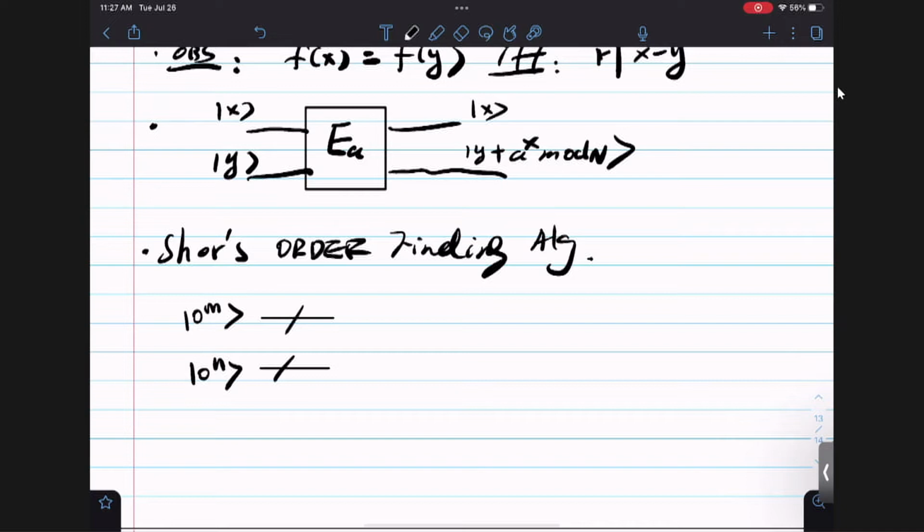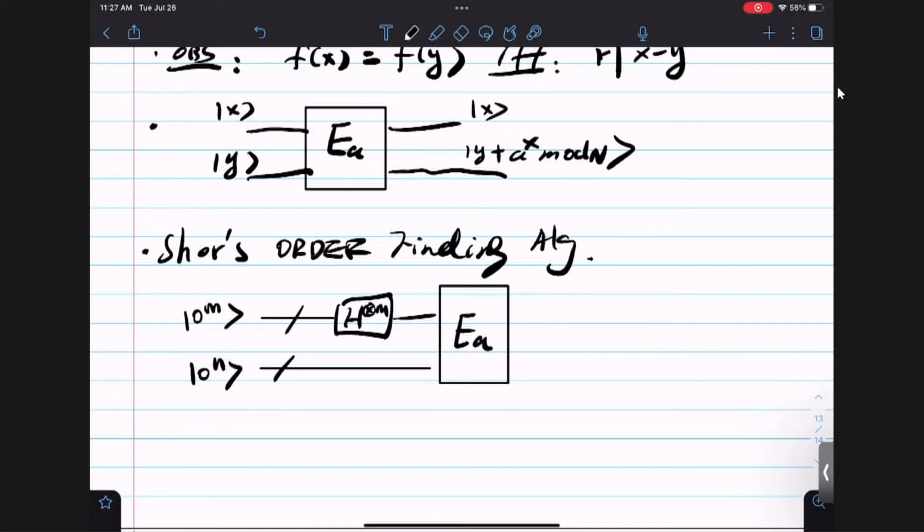I'm going to use a slash to represent multiple qubits. Same old stuff, doing Hadamard on the top m qubits, and then followed by evaluating this function, E sub A, the modular exponentiation.